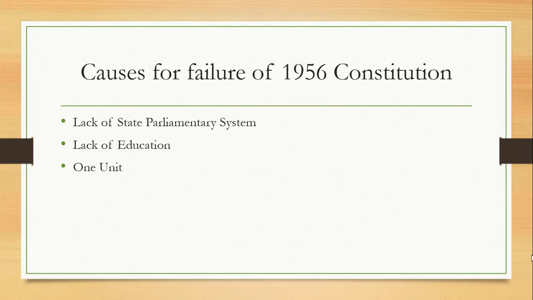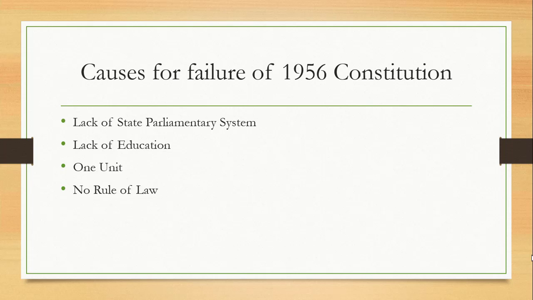One unit system. Dear students, all the provinces of West Pakistan were joined together and made into one unit. It was thought that it would eliminate the prejudice among the Pakistanis, but it proved to be a failure, and it also led to the failure of the 1956 Constitution.